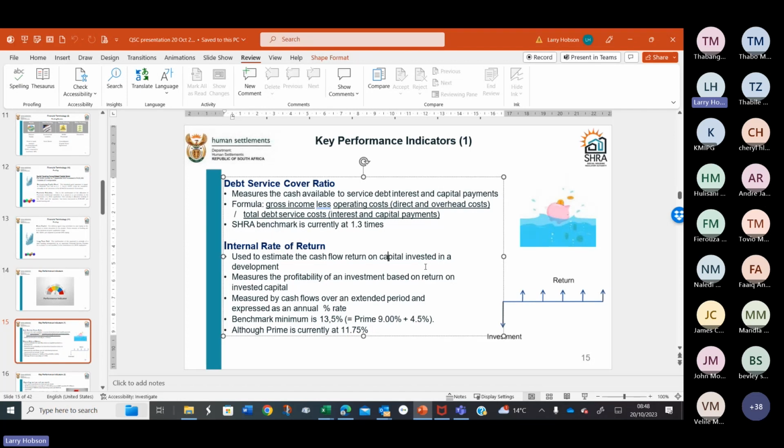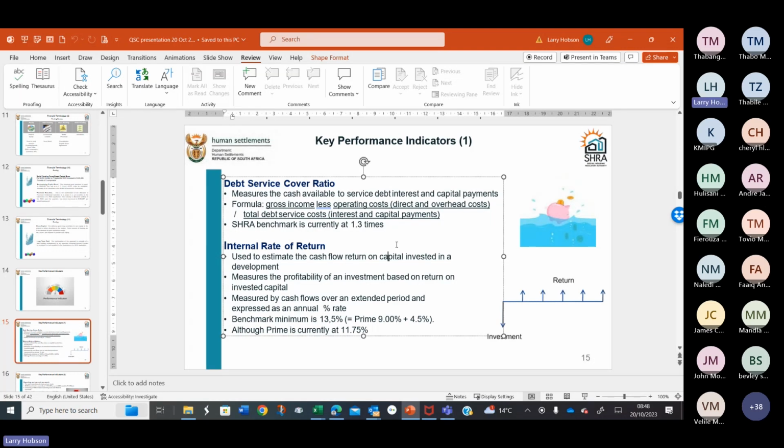And we chose the debt service cover ratio, and we said 1.5 is a normal commercial. We said properties should be a more stable thing, so we don't need to have the full 1.5 cover. We could get away with 1.3 cover. So we set 1.3 cover as the measure very early on in the days of social housing.